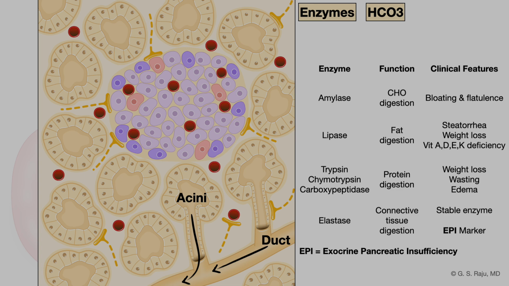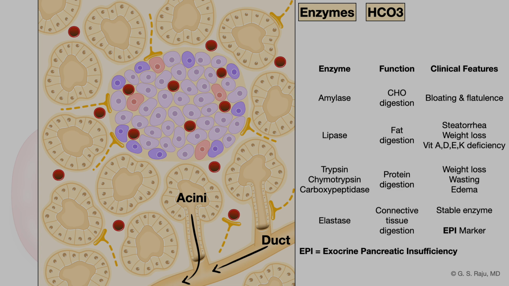So we talked about different things. So let me summarize. We've understood the structure of acini, duct, enzymes, and when there is insufficiency of the exocrine function of the pancreas, you diagnose by assessing the amount of elastase in the stool.